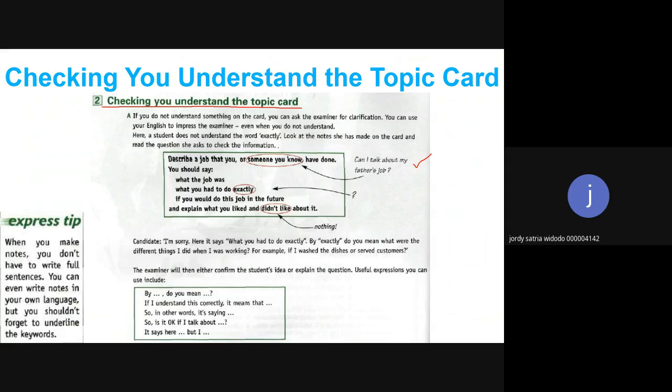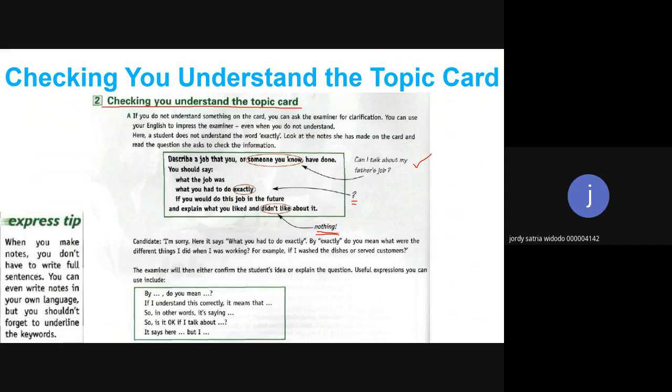Then for what you had to do exactly, perhaps you don't know exactly, so you ask, can you elaborate more on what exactly that means? And for explain what you like and didn't like about it, you can say nothing, perhaps to the examiner or to yourself in this case.